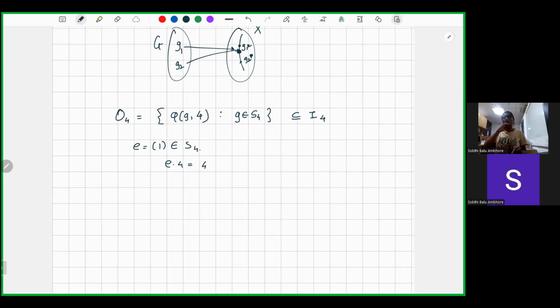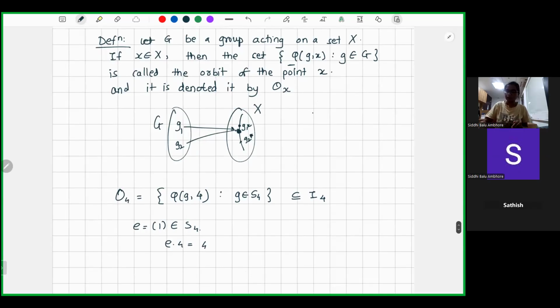Because for any OX, X always belongs to it. Let me write this here. For any X in X, X always belongs to OX because by definition, EX is X, right?